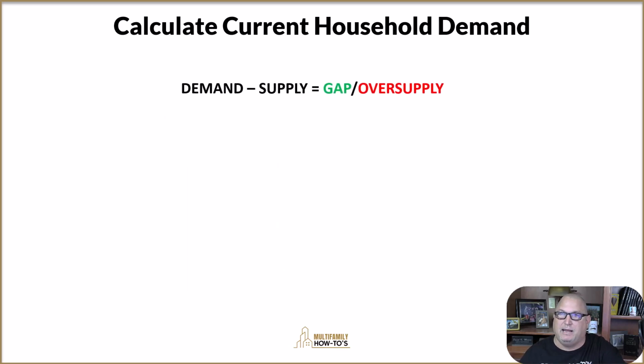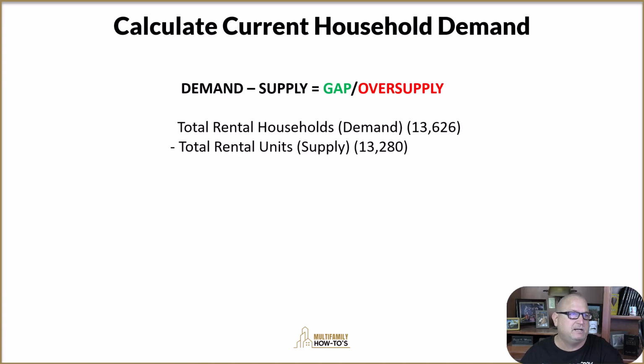Demand minus supply equals gap or oversupply. So the first calculation we did was demand. What was the demand for total number of households? Then we did units. That's our supply. So our total rental households demand was 13,626. Our total rental units or supply was 13,280.